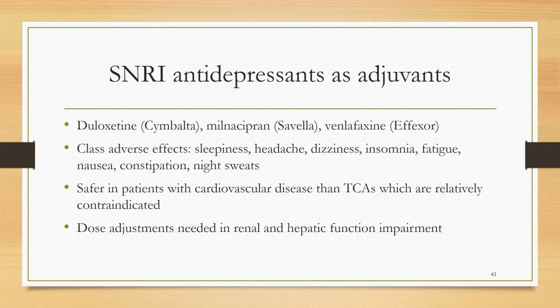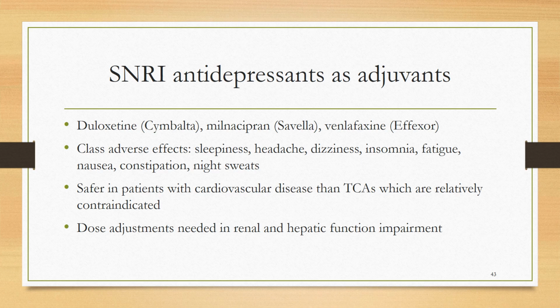Remember, these affect norepinephrine, which causes fight or flight, so you get night sweats, you may get headache, you may get some hypertension. These do tend to be safer than TCAs with cardiovascular disease. And then for dose adjustments, you need to be careful in renal and hepatic dysfunction.